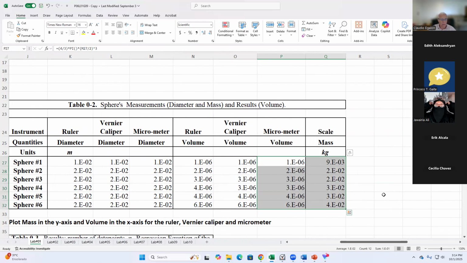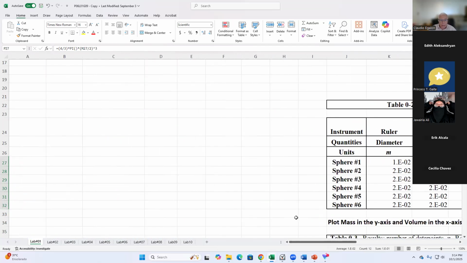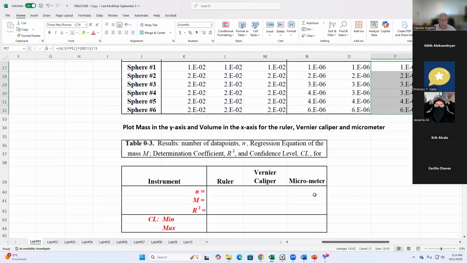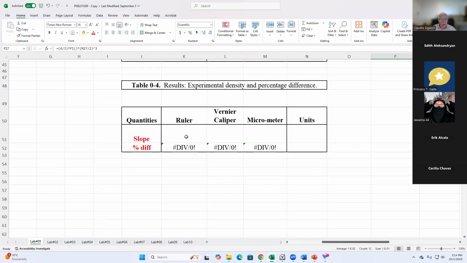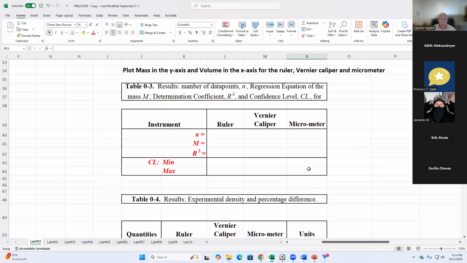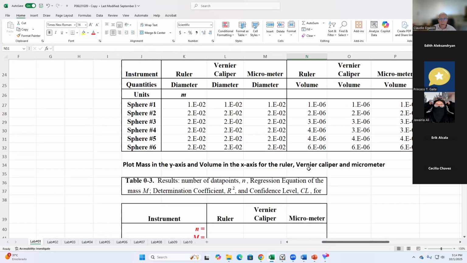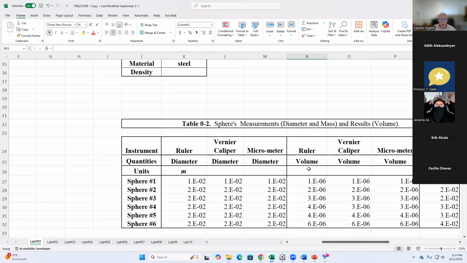Three different graphs that you have to plot. And the slope you're going to log in this last table. Don't forget to put the units of the slope. And what else do we have to do?